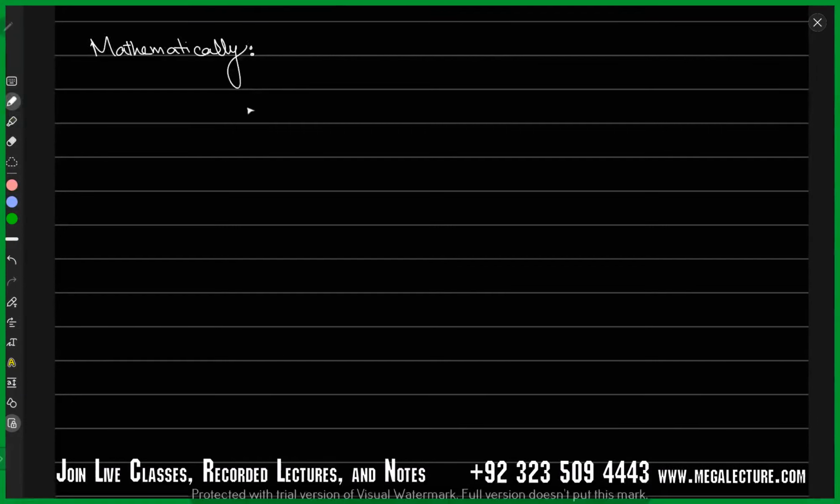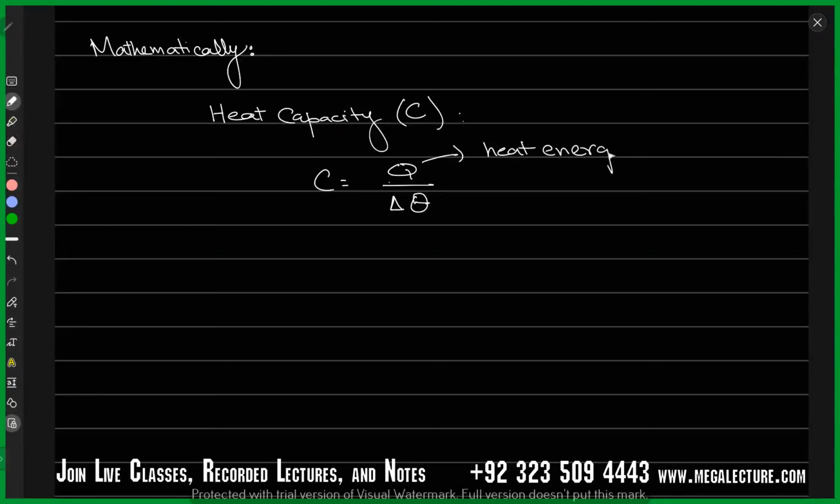And so heat capacity can be labeled as C, right? It's just a symbol that we use, and it's defined as the ratio of the heat energy that is required to raise the temperature, divided by delta theta. For temperature, we have been using theta, right? This symbol theta. So this is the heat energy or heat required, and this is the change in temperature.